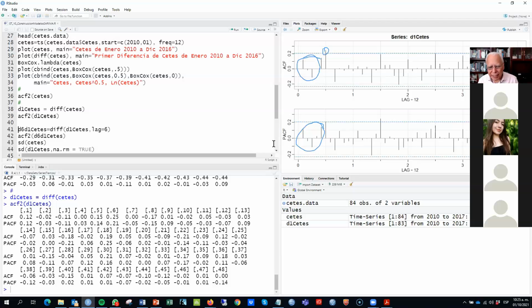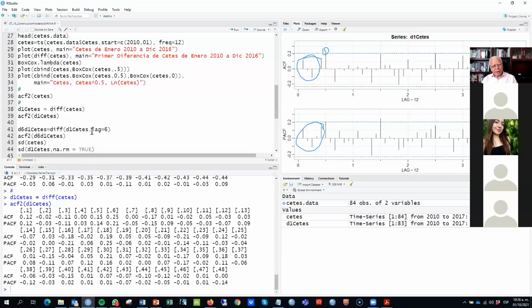That leads me to believe that this is an MA model, but only seasonal, because I don't have any correlation structure at the beginning of the series, in the first few lags. So it looks like I only have a seasonal series. Now I have a seasonality of 6. What happens if I take a seasonal difference of 6?